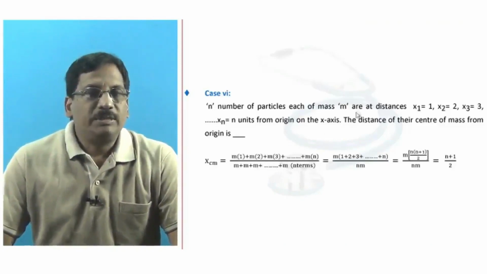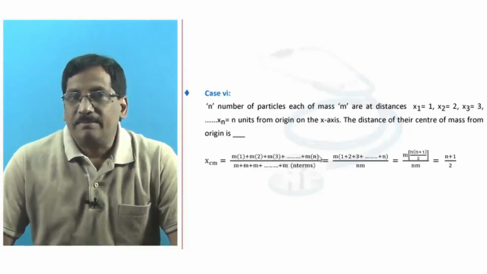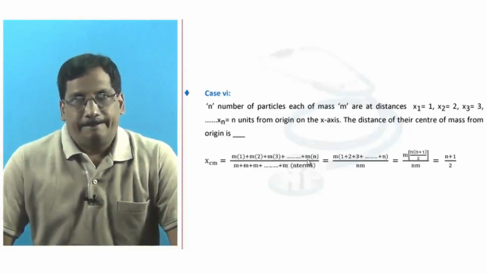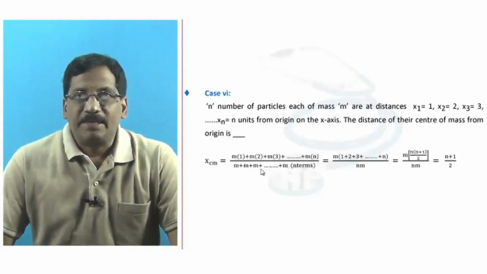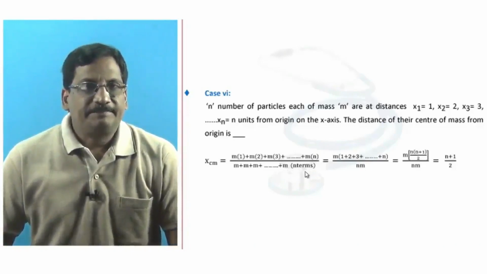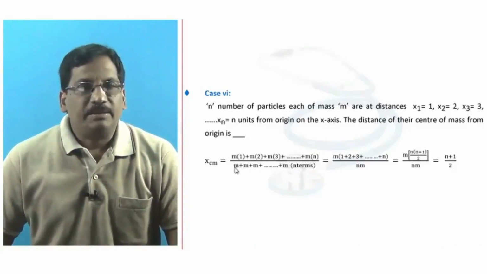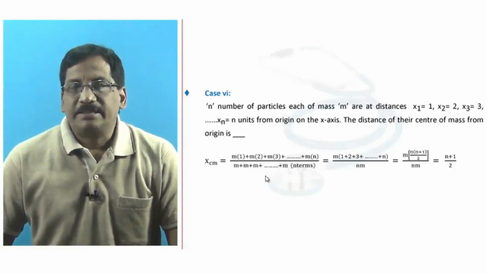Now by using the given data, it will be m into 1 plus m into 2 plus m into 3 and so on plus m into n, divided by the mass of all particles, m plus m and so on. Like that n terms will be there because there are n particles. Now if you take m common, in the numerator and in the denominator it will be totally nm because there are n terms, and that m gets cancelled.